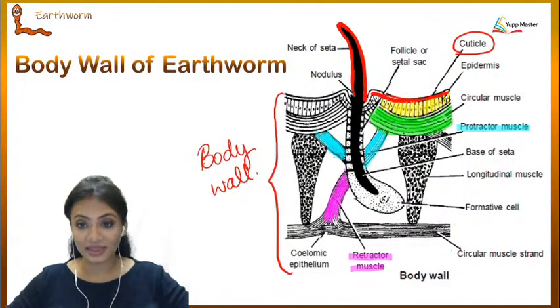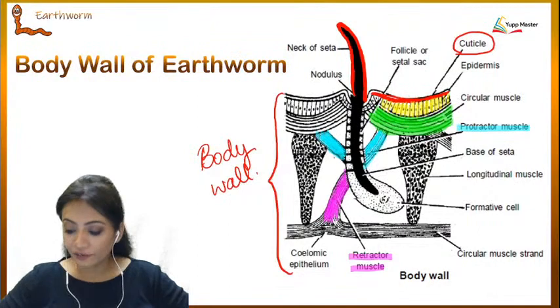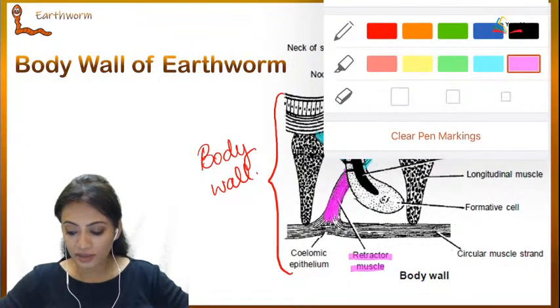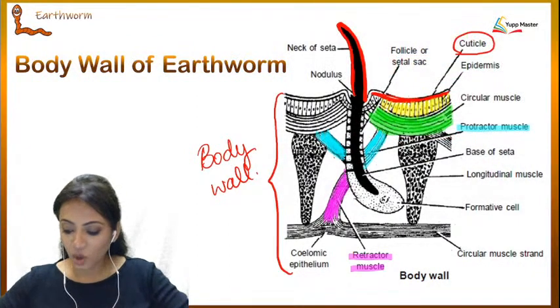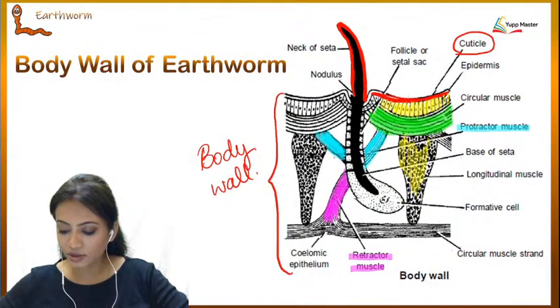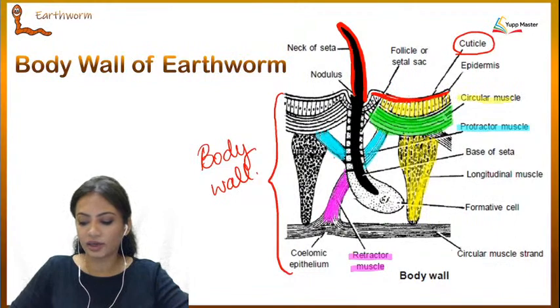Okay, so I hope that is clear for you all. Then if there is a circular layer of muscles, then there is also here a longitudinal layer of muscles that you can see. Okay, so here are the longitudinal layer of muscles that we have. All right, so you have the circular layer and then you have the longitudinal layer.